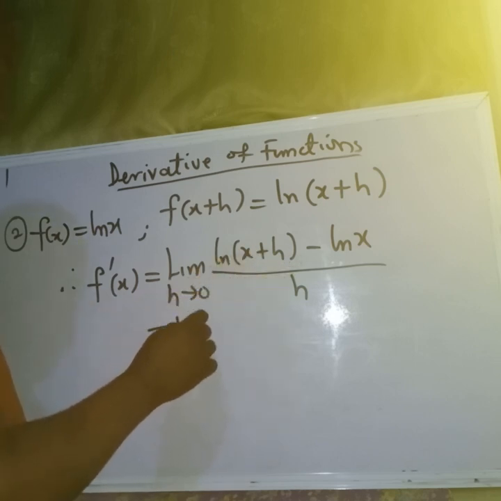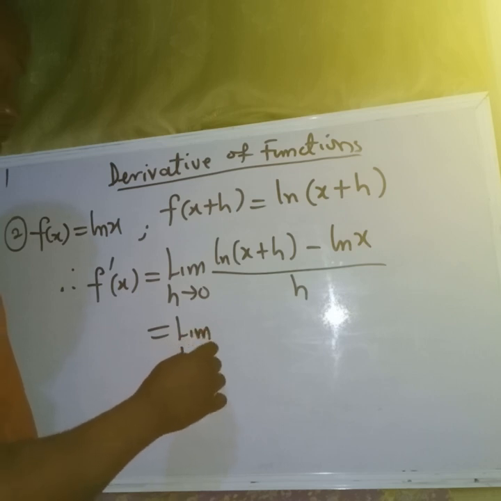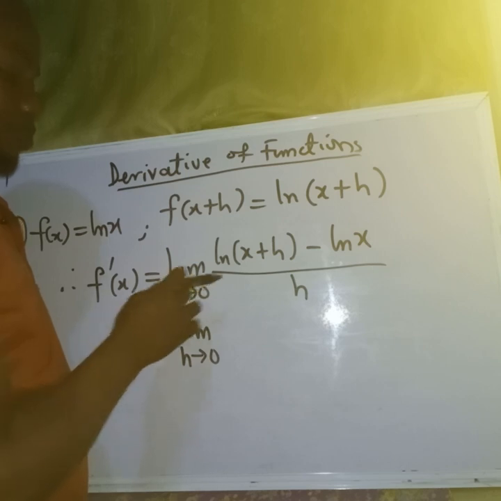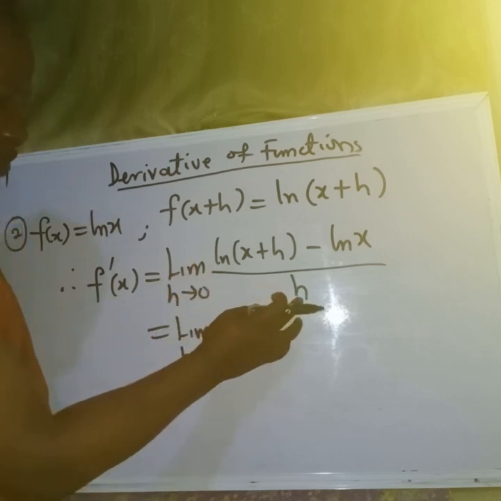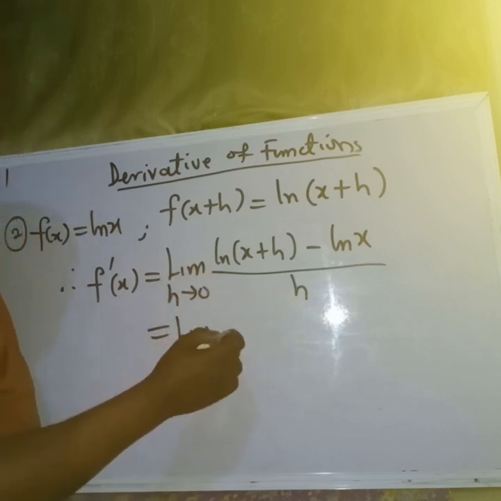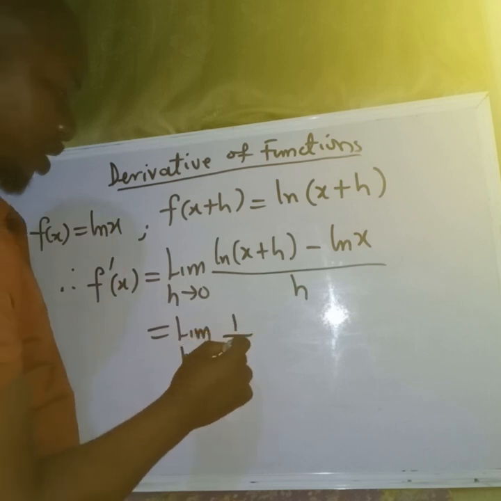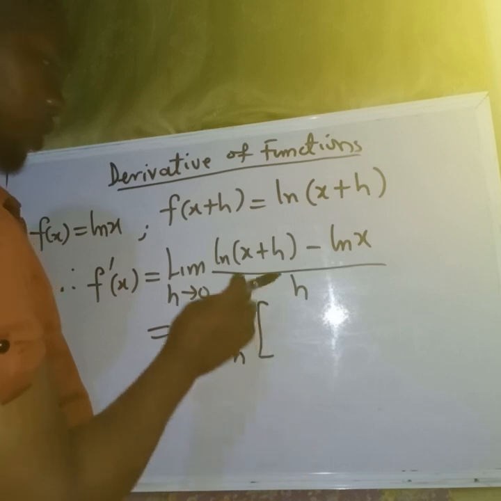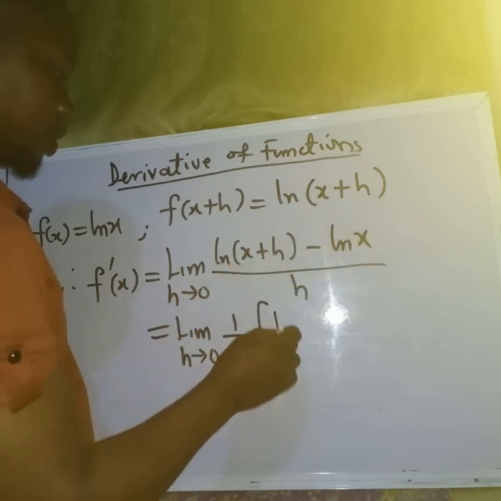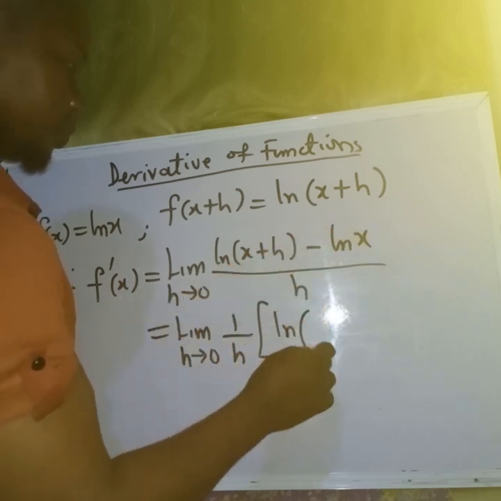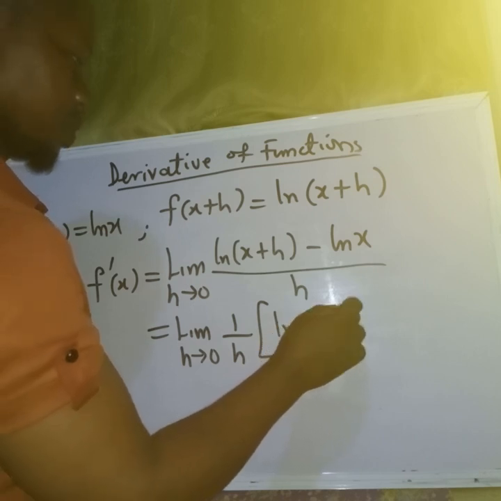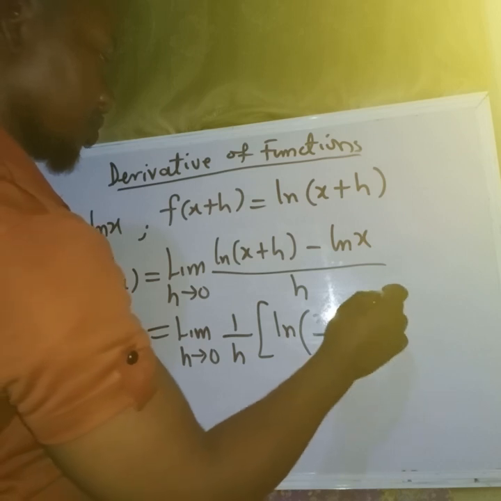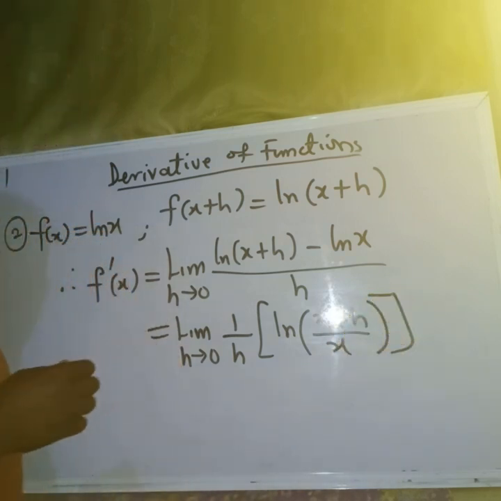This is equal to the limit as h tends to 0, applying the law of logarithm, bringing the denominator out: 1 over h times ln of x plus h over x.